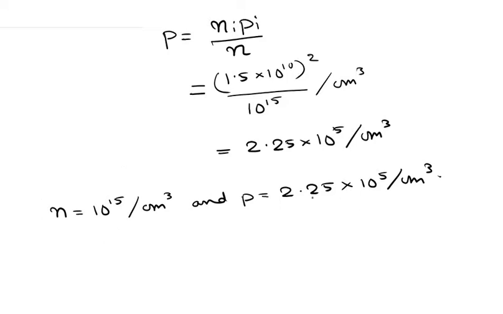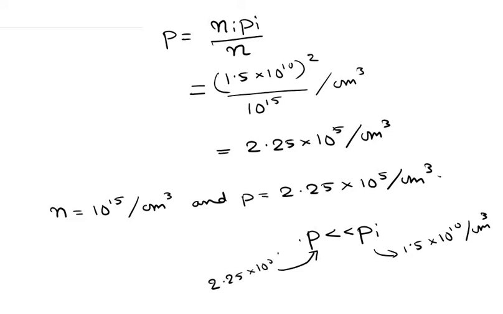However, the concentration of holes in the valence band is 2.25 × 10^5 per cm³, which is much less than the intrinsic hole concentration of 1.5 × 10^10 per cm³. So you may naturally ask why the concentration of holes in the valence band decreases when I introduce phosphorus atoms in the semiconductor.